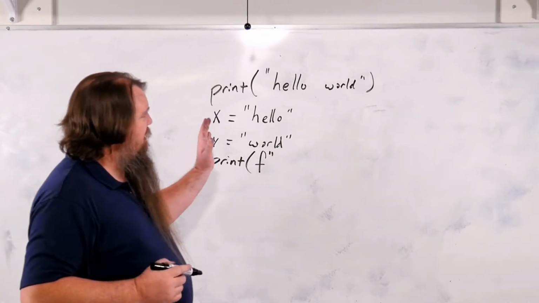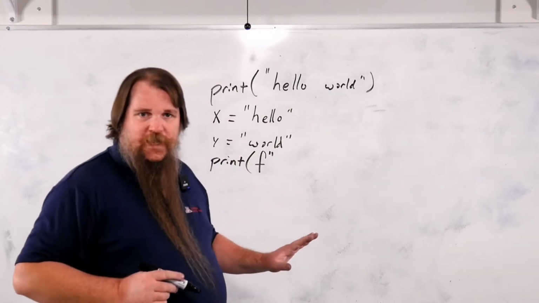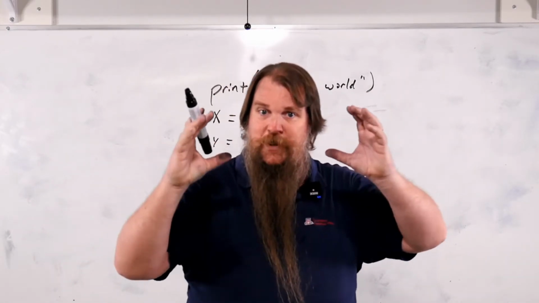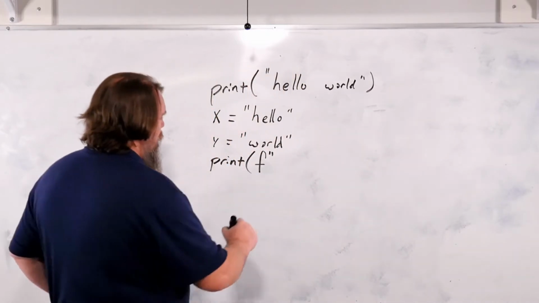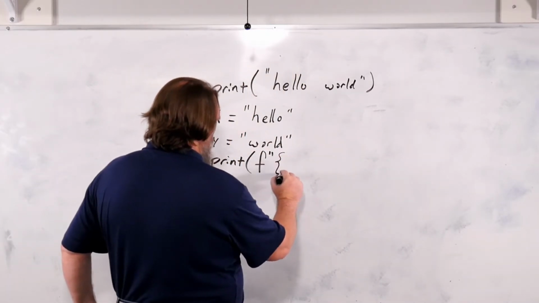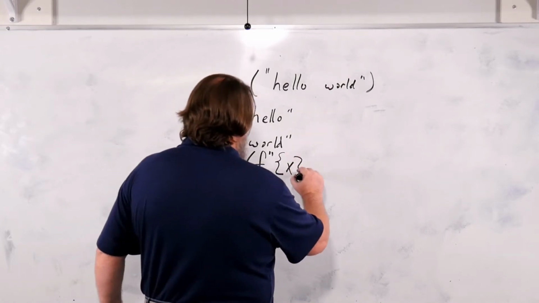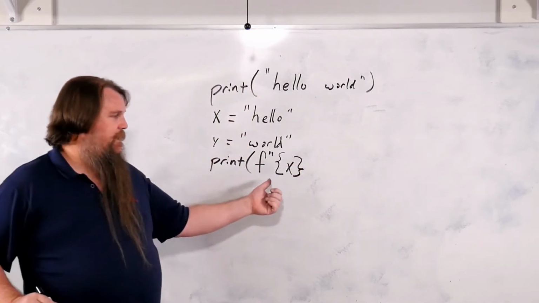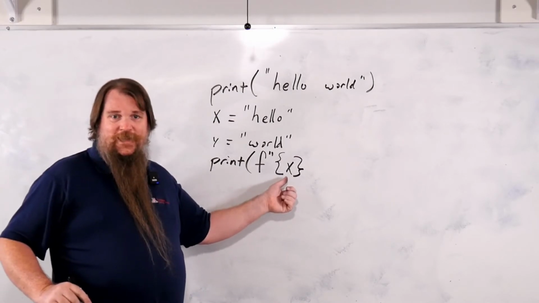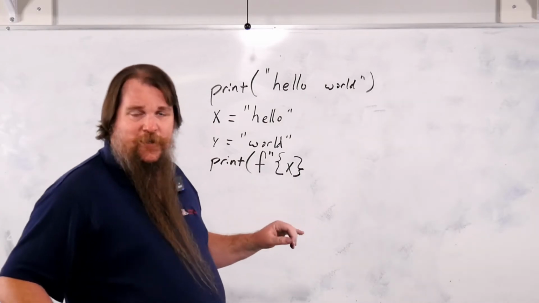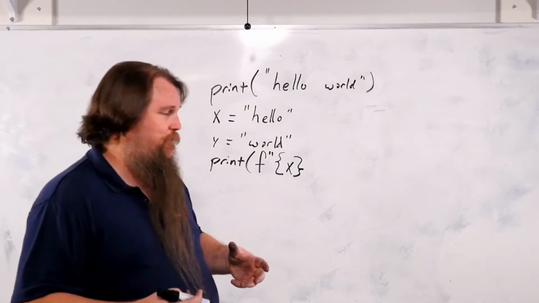Now, in an F string, it basically works like a string until it encounters something surrounded by curly braces. So what we can do here is we can say X. Now when it sees a variable inside curly braces, it's going to drop in the value of that variable into that point in the string.